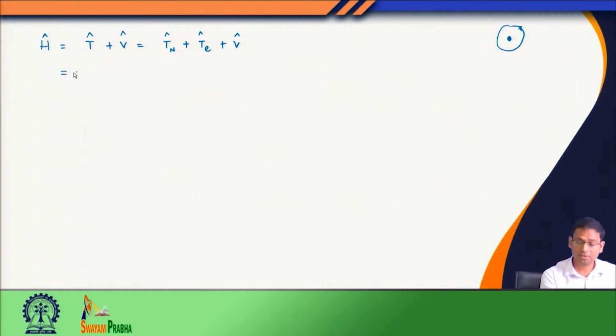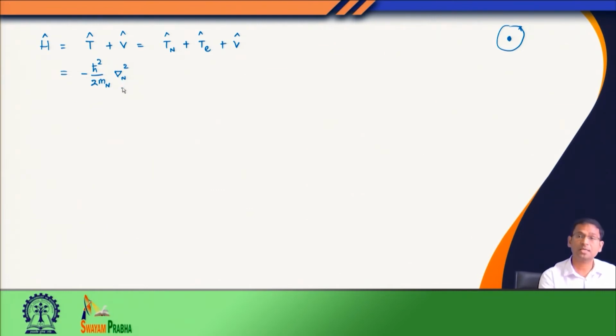So, when I write down the kinetic energy operator, we have the general definition of the kinetic energy, which is minus h bar square divided by 2m, where m is the mass of the particle. So, in this case nucleus, and then the Laplacian corresponding to n or the nucleus.